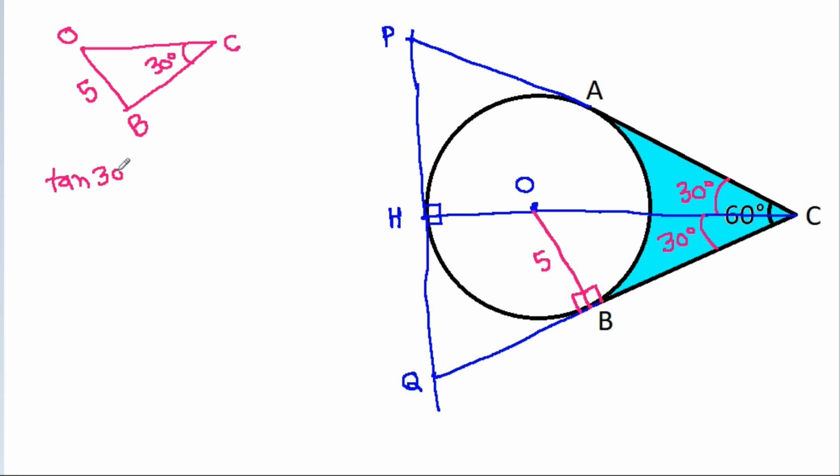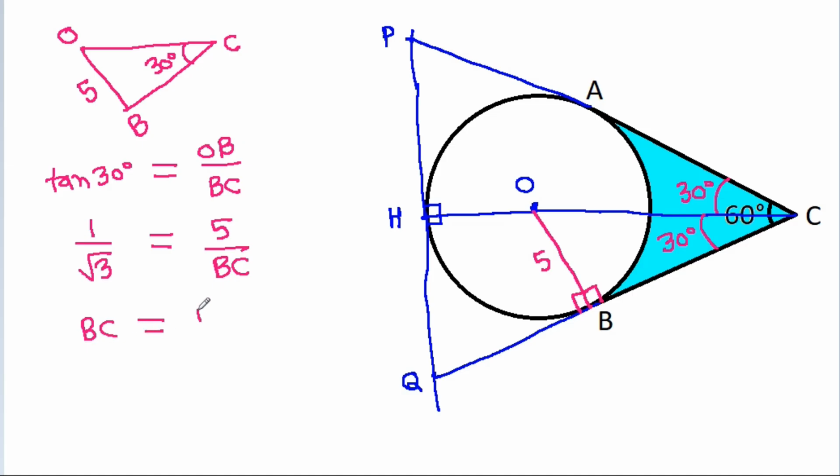So tan 30 degrees will be equal to OB by BC, and it is 1 by square root of 3 is equal to OB, which is 5, by BC. So BC is equal to 5 times square root of 3.